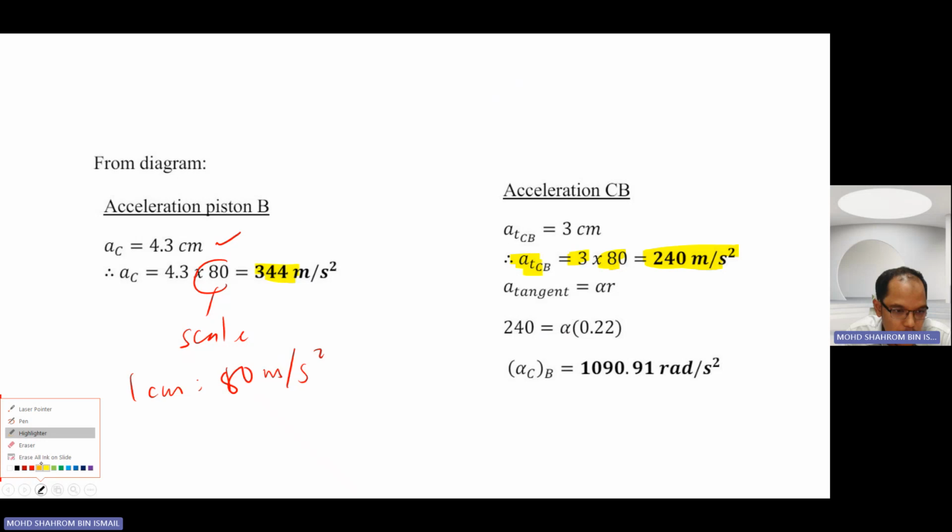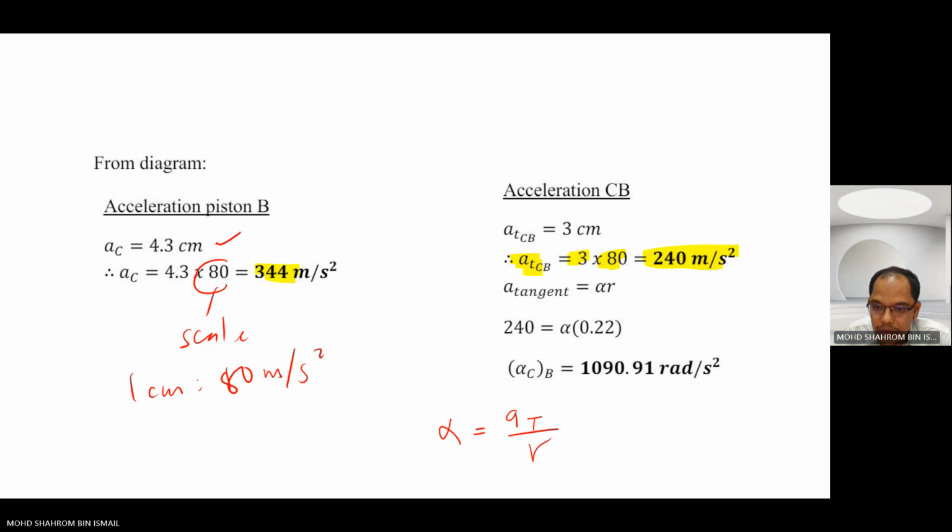This is the formulation that you need to obey, very simple: alpha equals tangential acceleration over R. So at the end of the day, you get the acceleration of C is about 1090 radian per second squared. Okay, that's all from me. Somehow we managed to solve the problem.